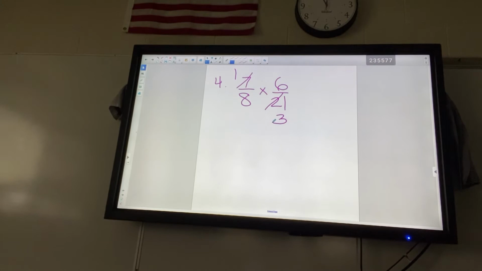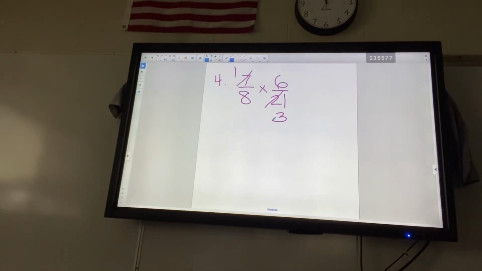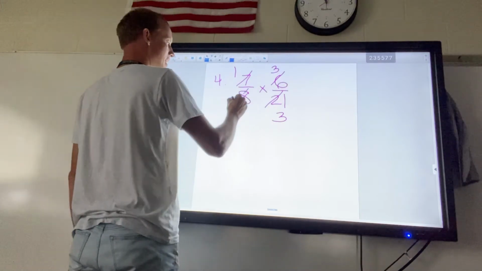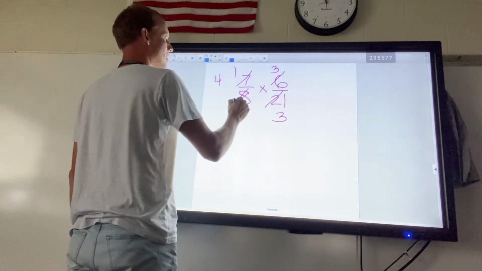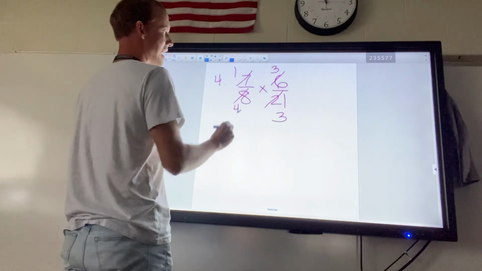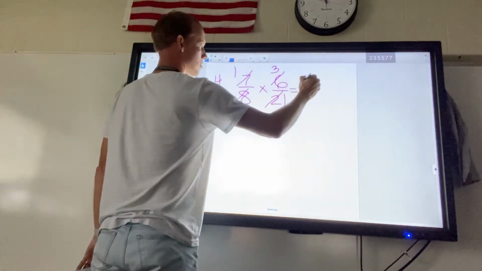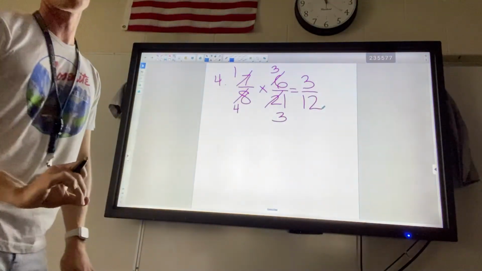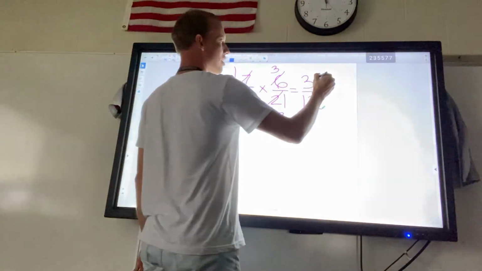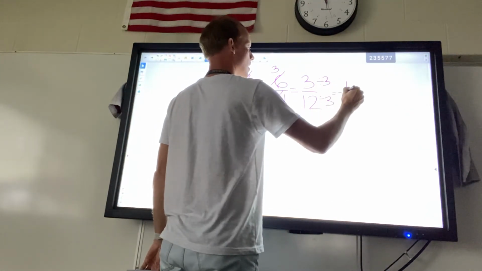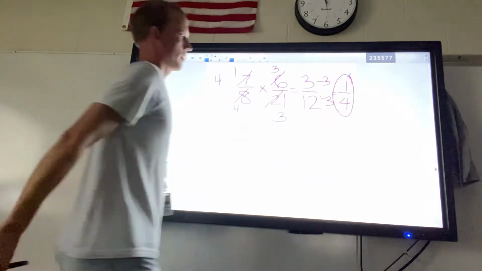Can you figure out what number goes into 6 and 8? It's a 2. So if you divide 6 by 2, you get 3. If you divide 8 by 2, you get 4. Now, 1 times 3 is 3. 4 times 3 is 12. Here's where this gets a little tricky. This one can actually still be broken down. And the answer ends up being 1/4.